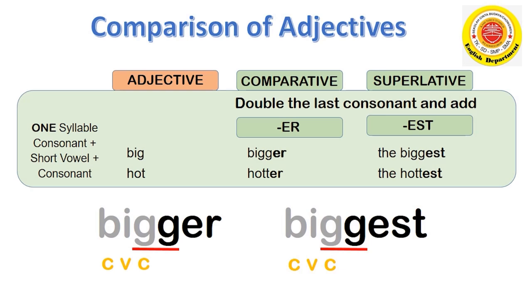When an adjective has one syllable, ketika adjective mempunyai juga satu suku kata, big, hot, tapi dia berakhir dengan konsonan, vowel, dan consonant, ya.